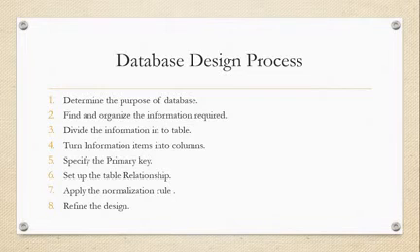Once we created the attributes, the next important part for me is to specify the primary key. We all know that whenever we create a table, one primary key is allocated for one table, but it depends on the database administrator whether he wants to use that key or not.